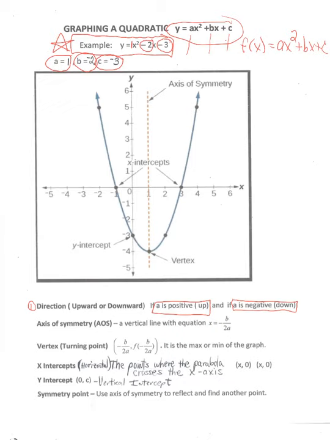So we could look right where we are. We can see, I'm going to write it here, that a is a positive 1. And therefore, we know that this parabola is headed upward. Now, you could look at the picture and say, I knew that by the picture. But if I didn't have the picture there, you want to be able to look at the equation and know it's headed upward. Okay.